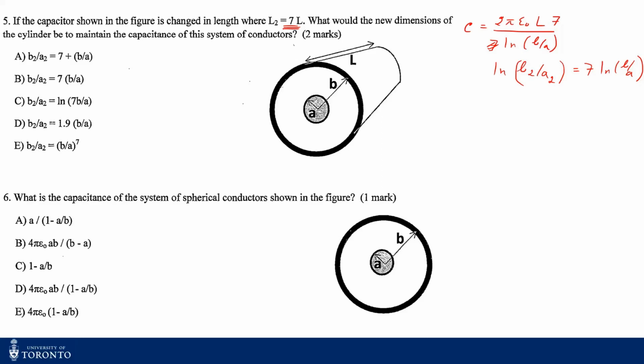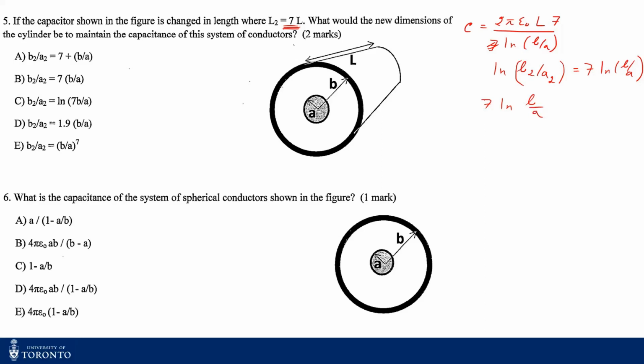So therefore, for this to happen, I need to start from 7 times the natural logarithm of b by a.